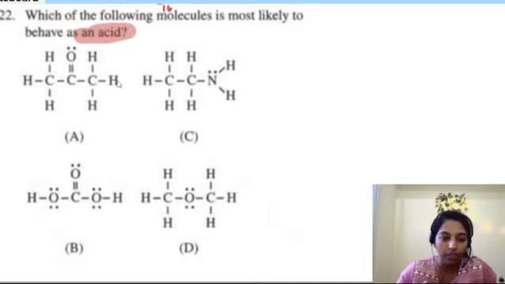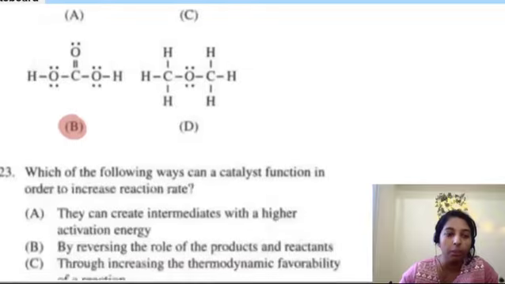If more electronegative atoms are attached, then the acidity will be more. Oxygen is more electronegative; here nitrogen is there but only one nitrogen, so definitely you can choose B. Why? Because there are more oxygens, highly electronegative, so definitely you can go with B.